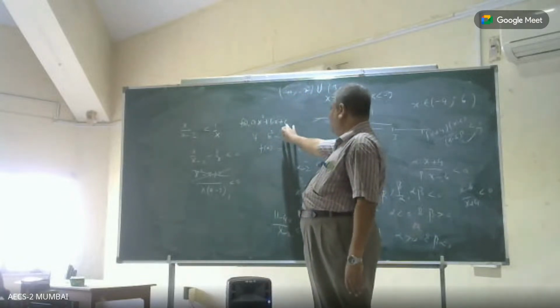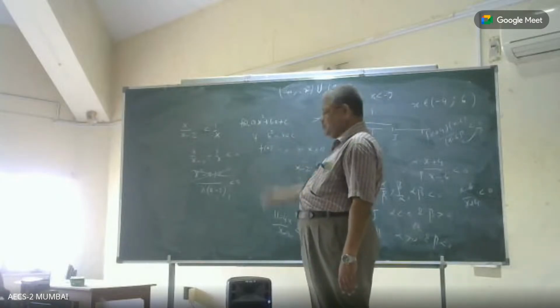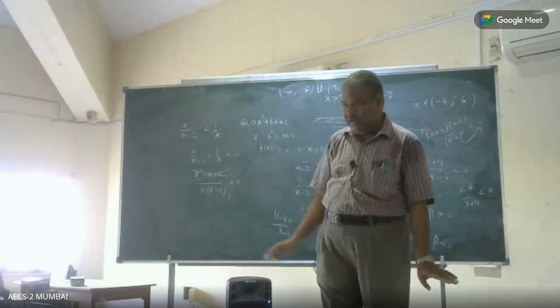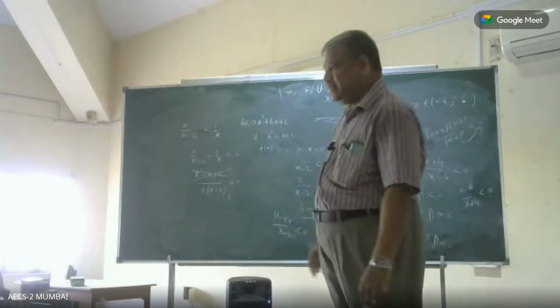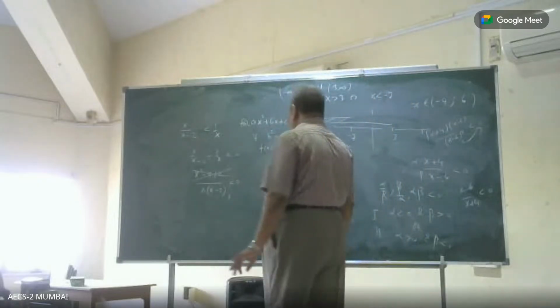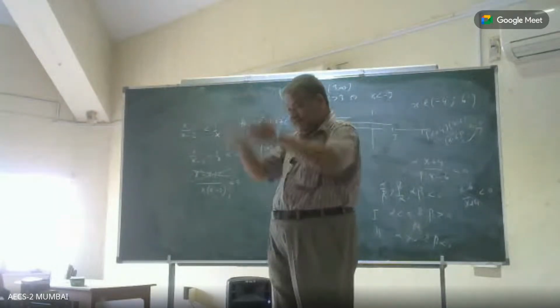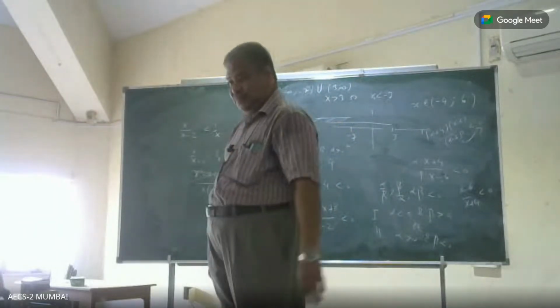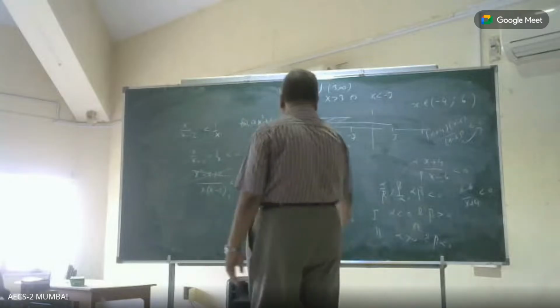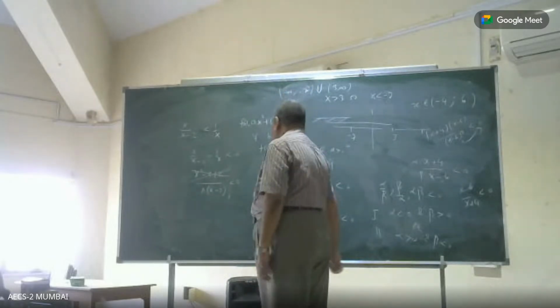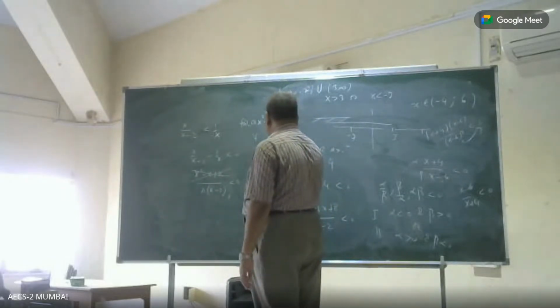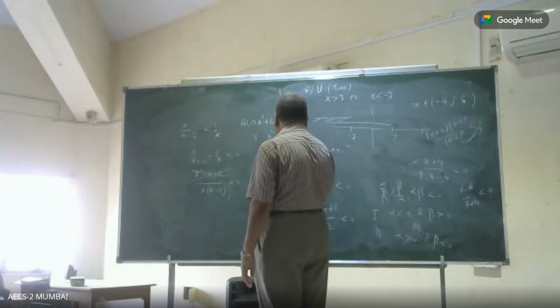If b square is less than 4ac, the roots are non-real. That means this doesn't have real roots. So f of x goes above the x-axis or below the x-axis. It goes above the x-axis when a is positive. It goes below the x-axis if a is negative.